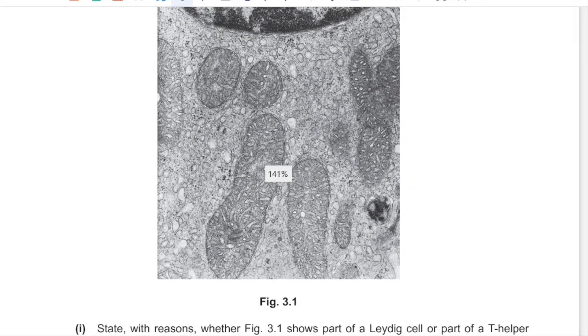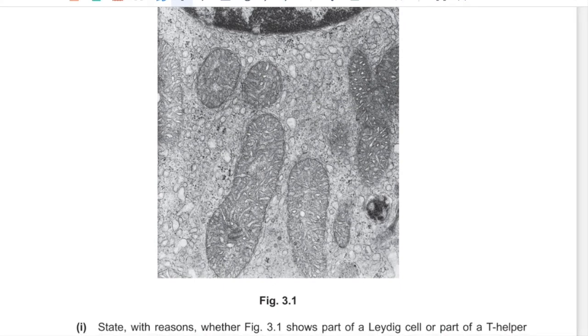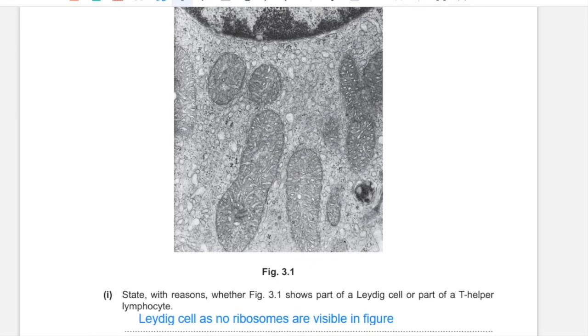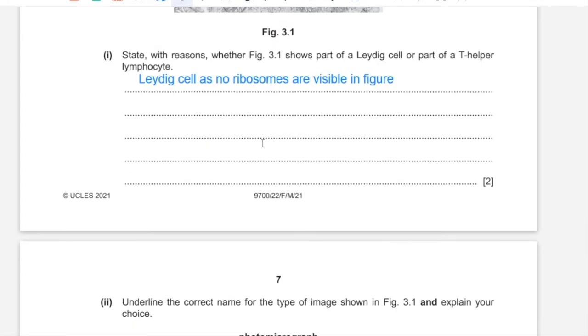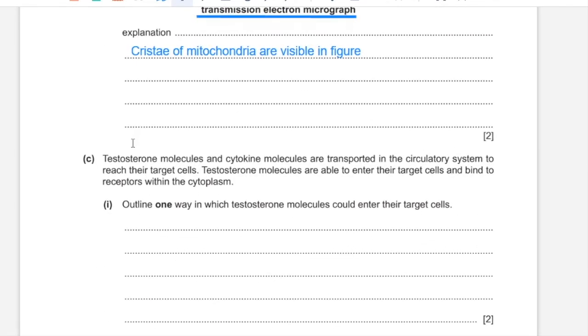Also, the internals seem to be similar, but the shape is different, which also indicates that these structures are mitochondria because they can change their shape. And because those cristae or internal structures are visible, this would be a transmission electron micrograph.